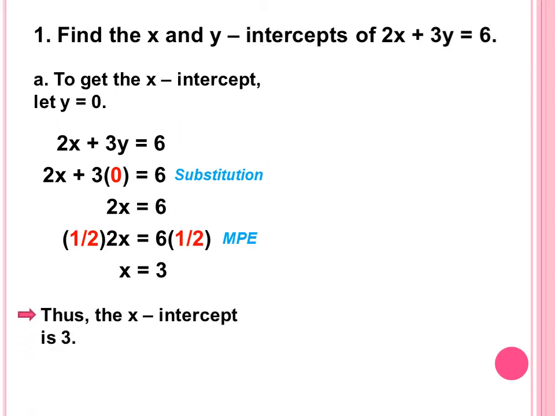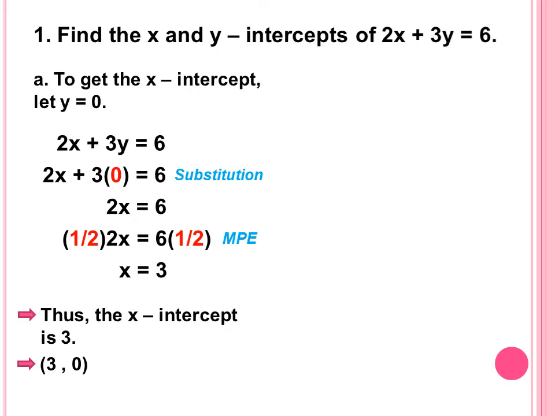Thus, the x-intercept is 3. Okay, so ang x-intercept ng ating equation is 3. Kapag makikita natin to sa ating Cartesian plane, this will be (3, 0). Okay, dahil inassign natin yung una pa lang si y ay 0. So, ang y-coordinate natin is 0.